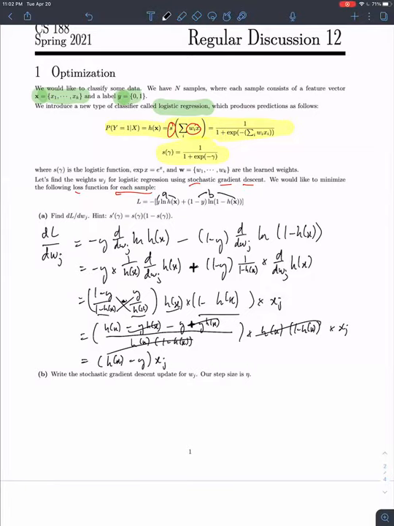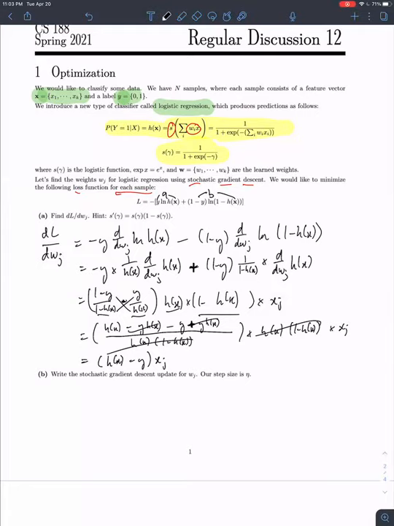So what does that mean? So what are we saying? h of x minus y is the difference between what we predicted and what the reality was, right? So what we're saying is, in what direction could we move wj to make the loss bigger? Well, it's sort of like, look at the sign of the loss, right? Were we too small or were we too big?